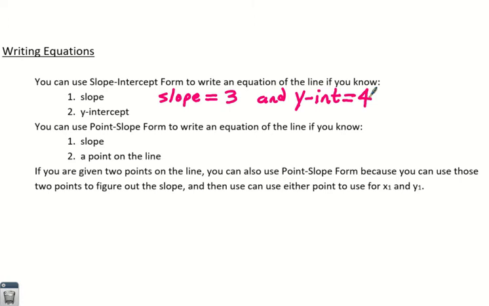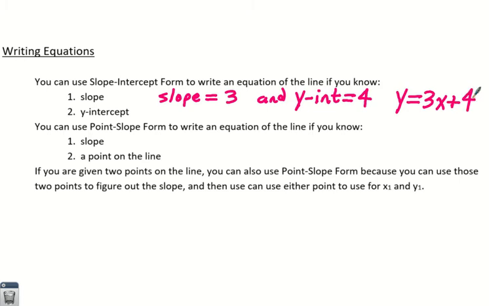What's that going to mean? That means you just plug into y equals mx plus b. Look at what they're giving you for free. They're giving you m and b. So, of course, you're going to just plug into y equals mx plus b, and it'll be y equals 3x plus 4.